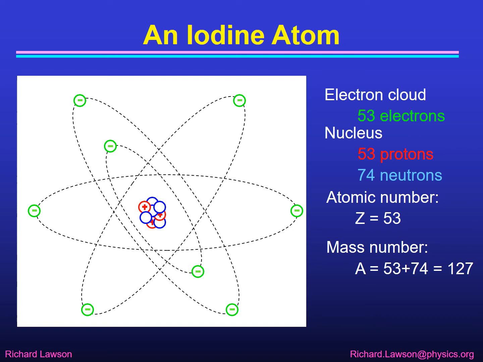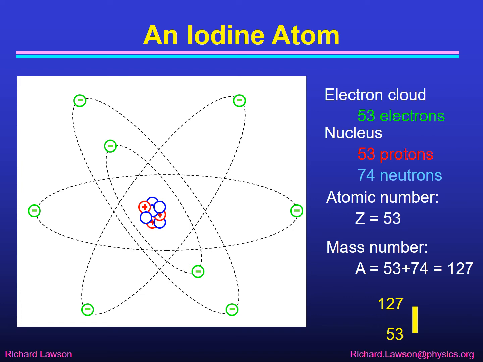But the mass consists of 53 protons and 74 neutrons, and we can ignore the electrons because they're so light. So the total mass is 53 plus 74, which is 127. So we can write this as iodine 127 and with a subscript 53. The 53 is the atomic number, I is the chemical symbol.